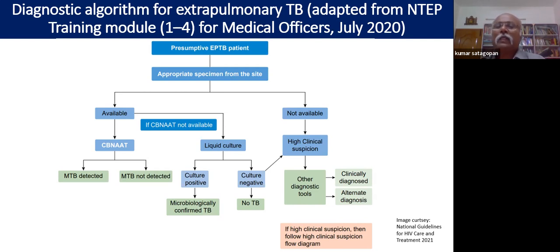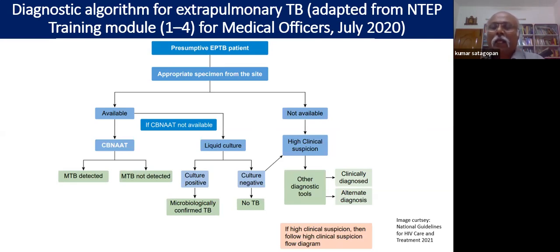So we now have excellent molecular tests, and for phenotype, previously LJ medium took 90 days, or 45 days for another method. Liquid culture, even though it is a phenotype test, lets you know in 2 weeks whether the organism is growing or not. You can make use of that. Suppose you don't have a specimen, you can go by high clinical suspicion.